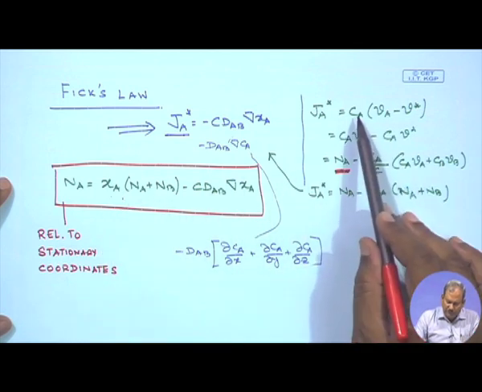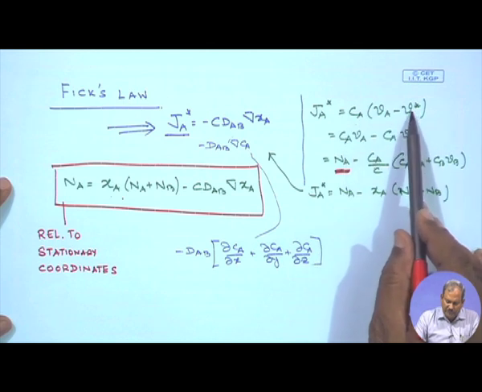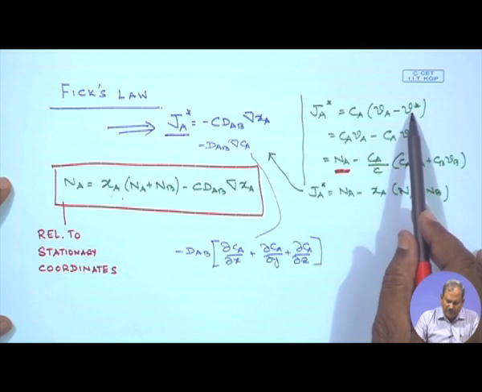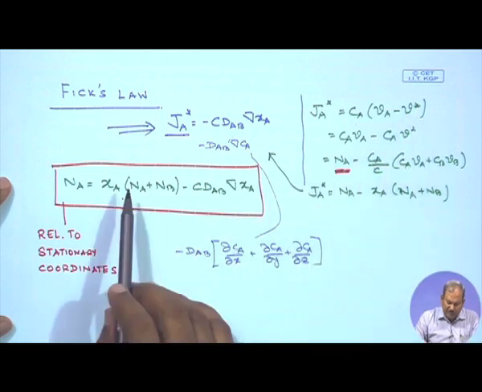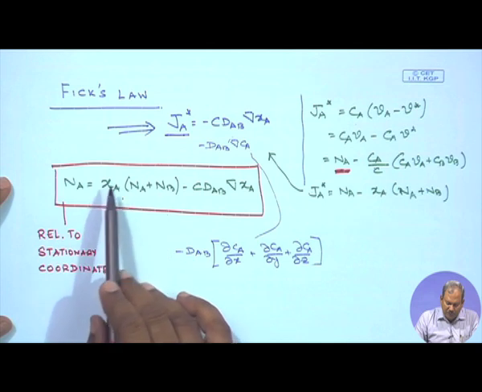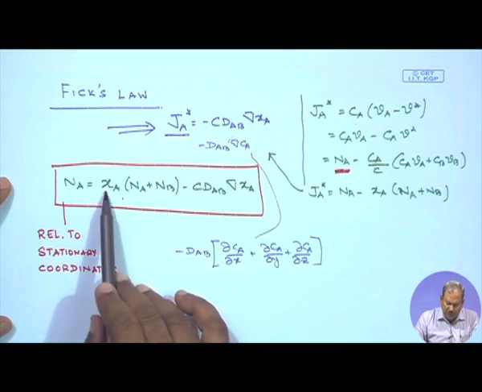So, Ca times V star denotes the molar average velocity. If you have a bulk motion present in the fluid, it is also going to contribute to a flux of A.